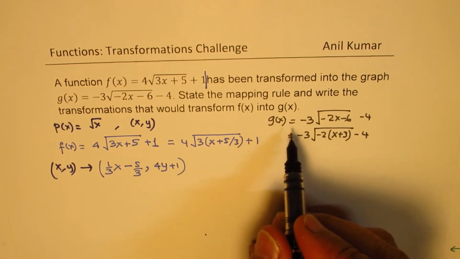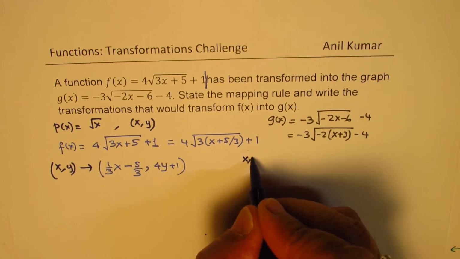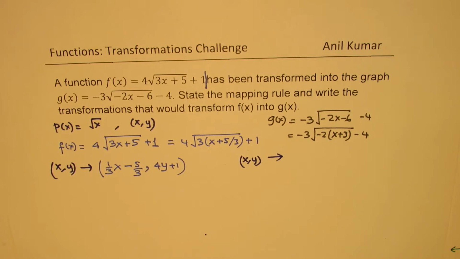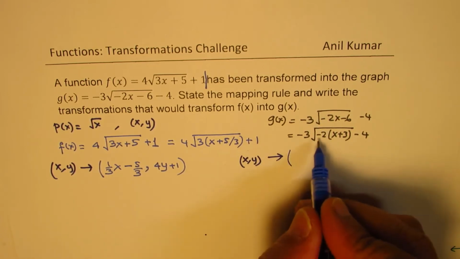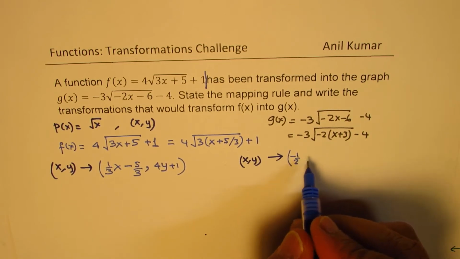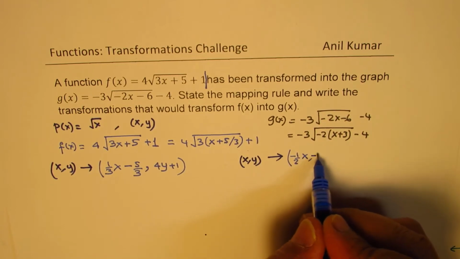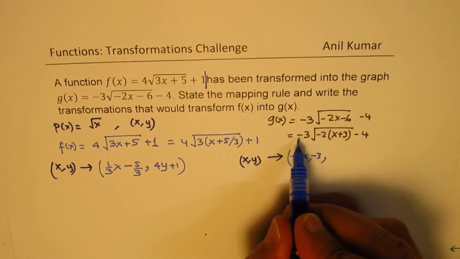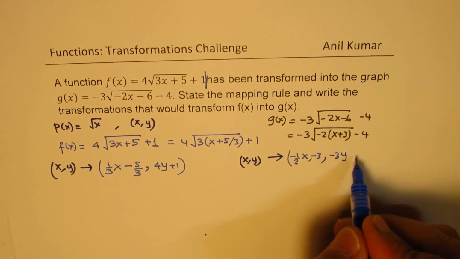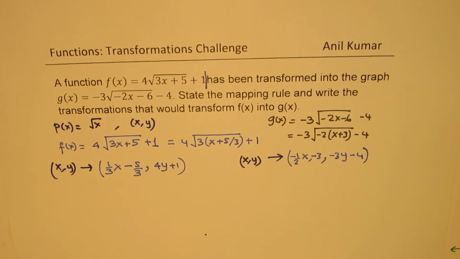So as far as g of x coordinates are concerned, any point xy on the parent function will move to the x values being horizontally compressed by minus half and reflected on the y-axis, and then 3 units to the left, minus 3 I should write, comma, and the y coordinates get multiplied by minus 3 and minus 4, move 4 units down. So that becomes the transformation.